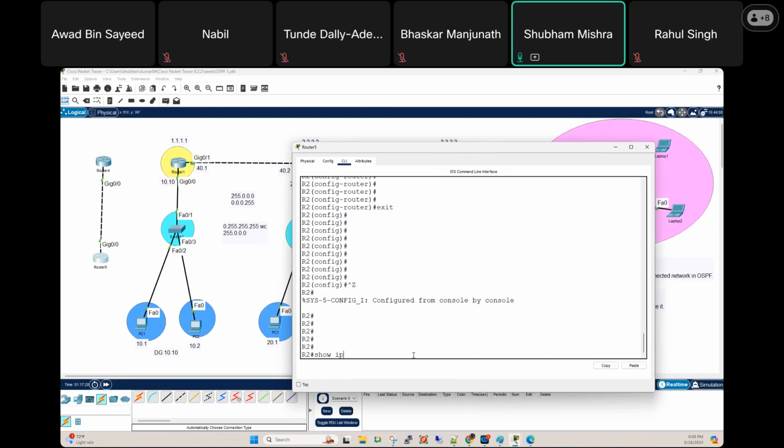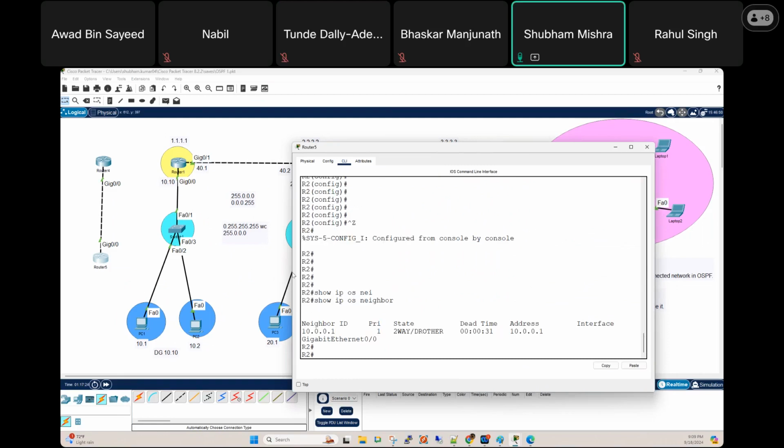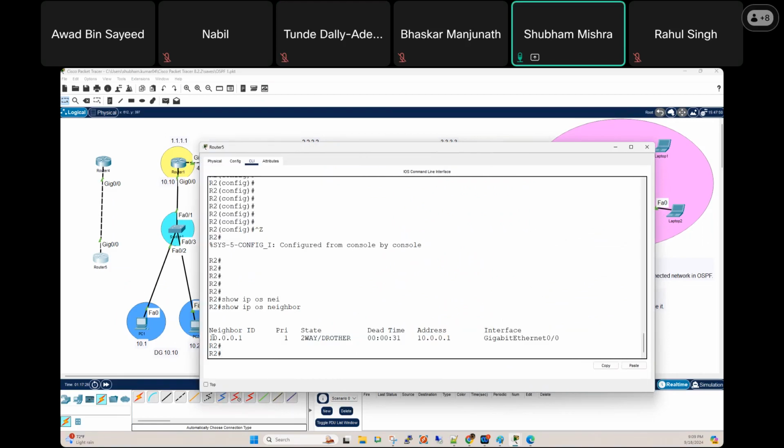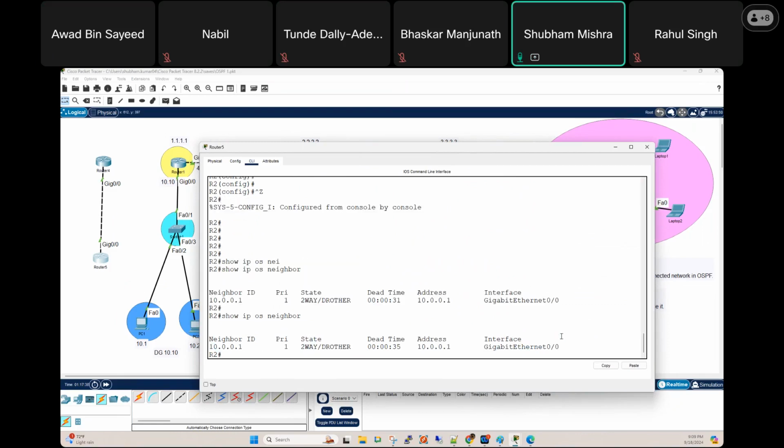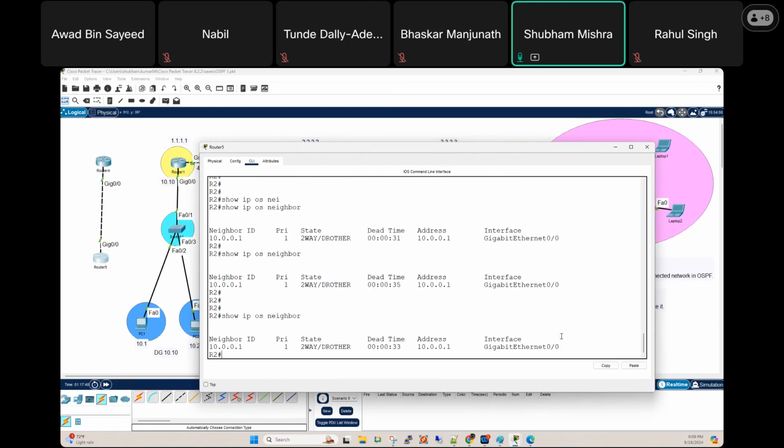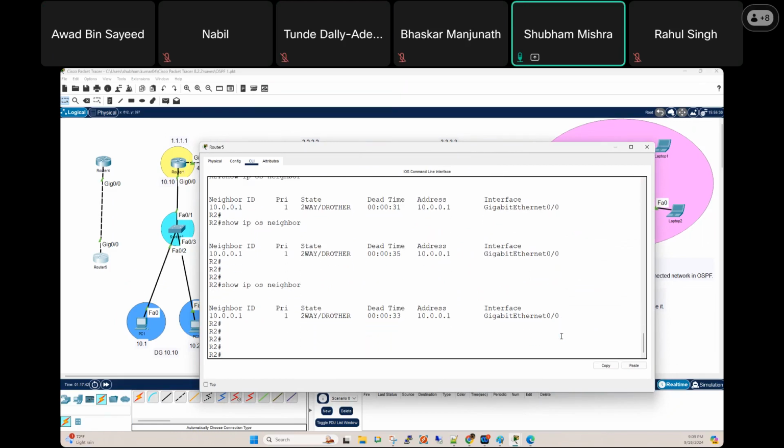Show ip ospf neighbor. Now neighborship is up. Yes or no? Everyone, tell me. See? Now neighborship is up. I write the command show ip ospf neighbor and I'm getting the result.